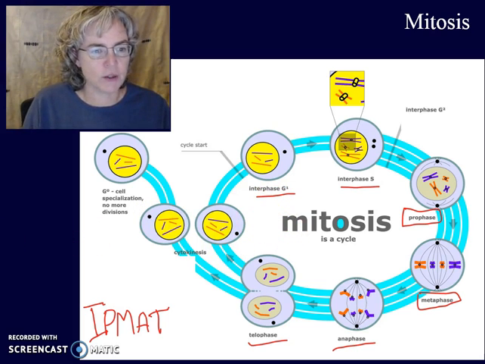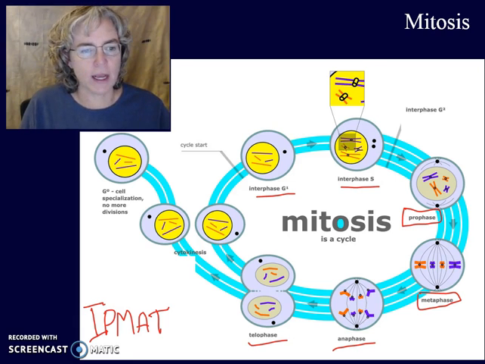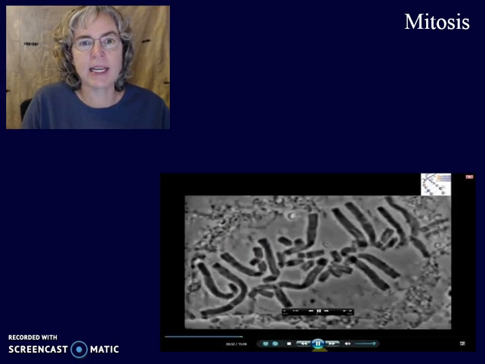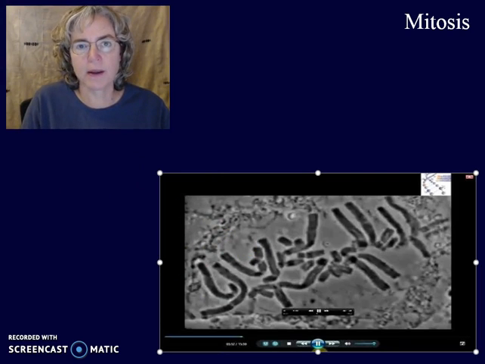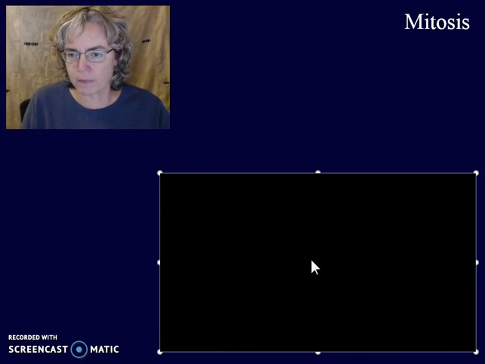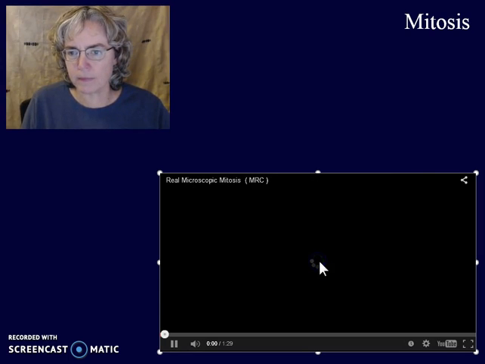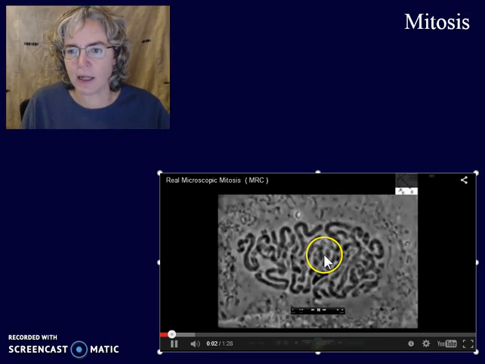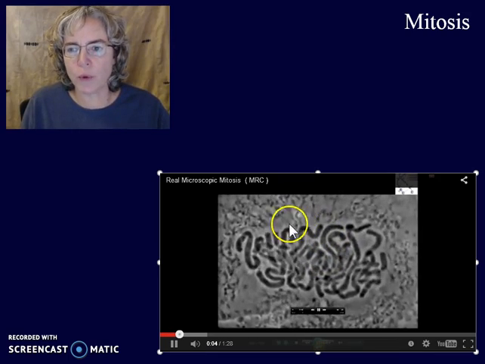So what I'd like to do is show a video to help you see how it's a continuous process. Okay, so this is a cell, and it is going through mitosis.